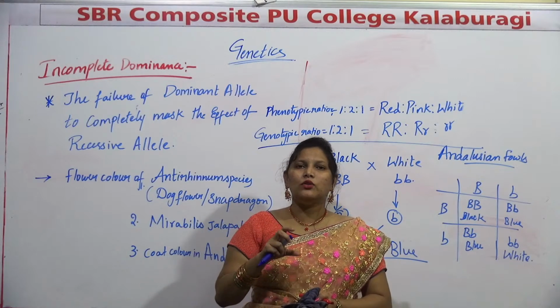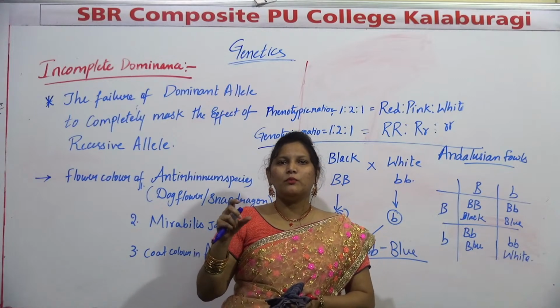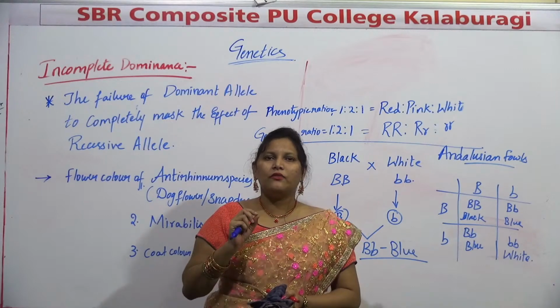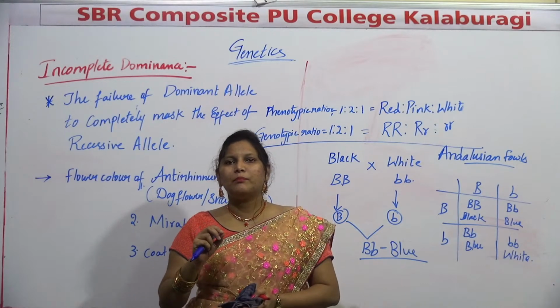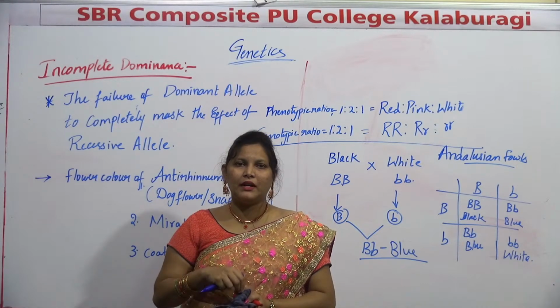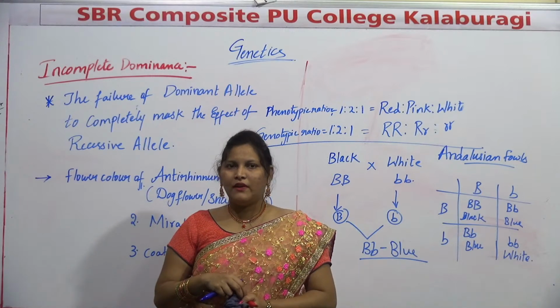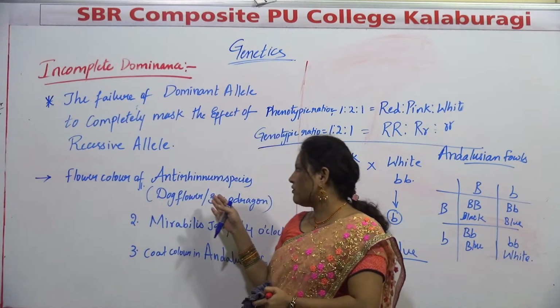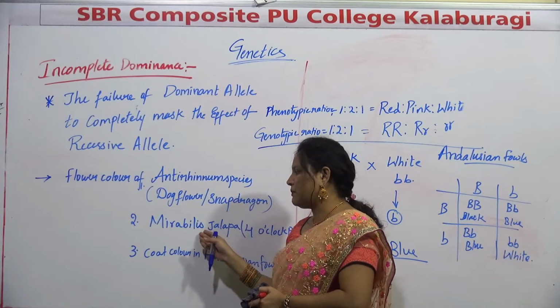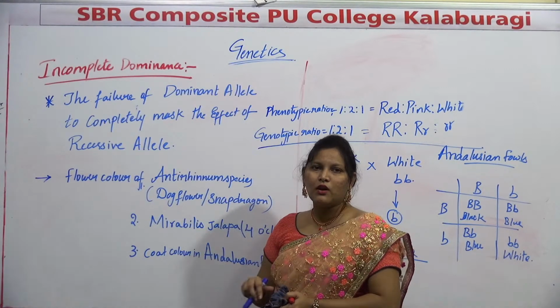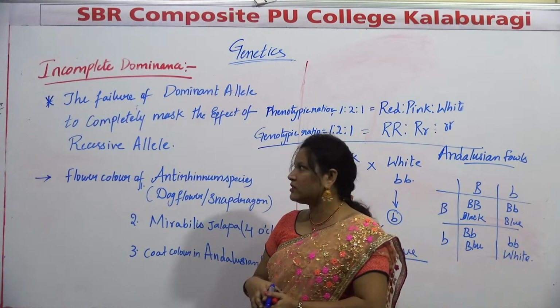But according to the law of dominance, according to Mendel's postulates, the F1 generation should represent the character of their dominant parent, but here it fails. It can be observed in case of Antirrhinum species, Mirabilis jalapa, and in Andalusian fowls.